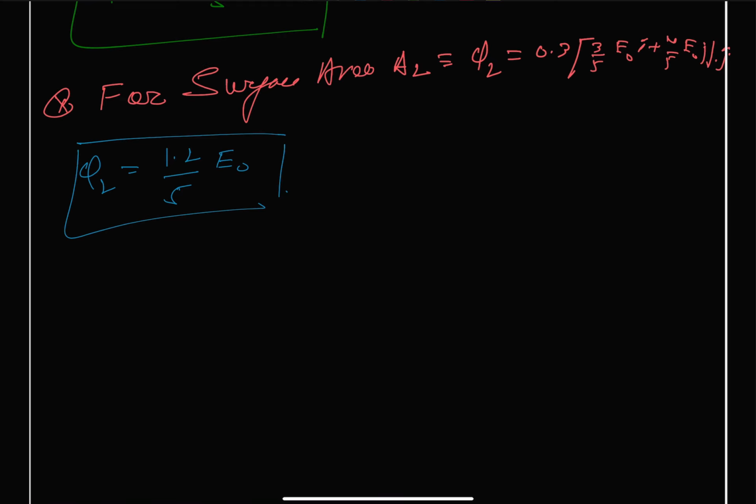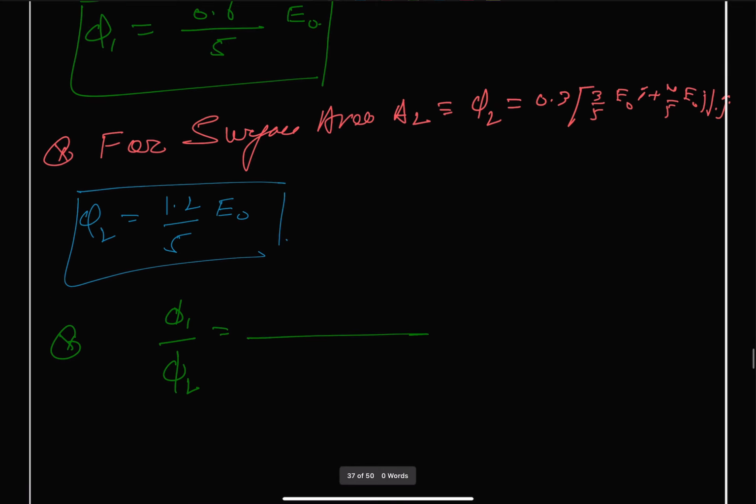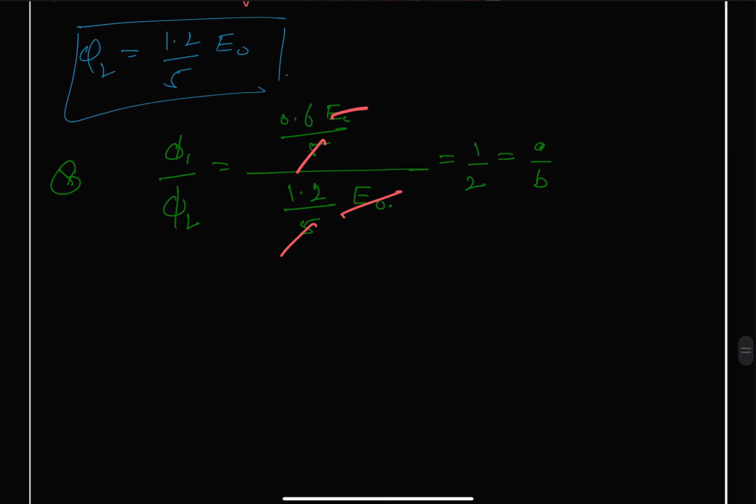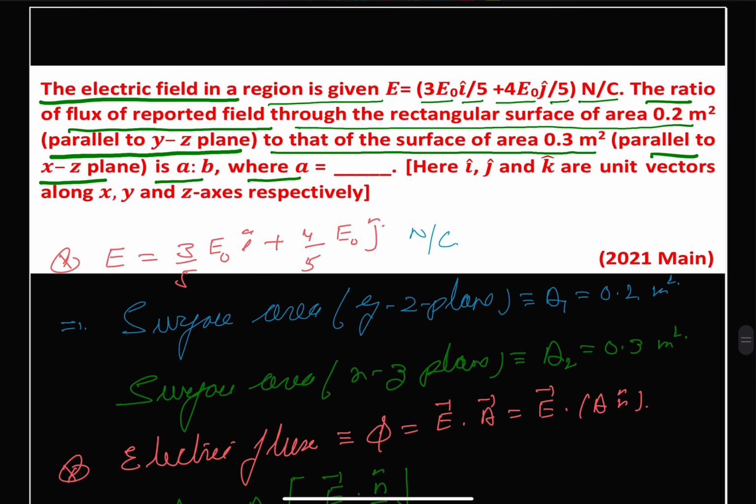So phi 1 upon phi 2 is 0.6 E0 divided by 5 over 1.2 divided by 5 times E0. Here E0 and 5 cancel out, and this comes as 1 by 2, and it is given as A by B. So from here the value of A is 1.